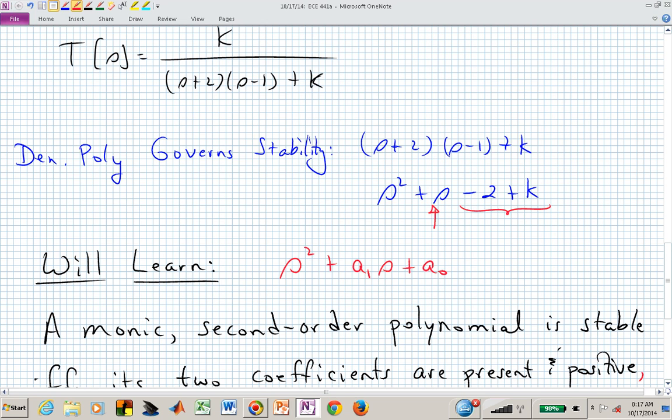If our k actually canceled the s coefficient, then what would we say? Let's say that s coefficient is 0. Now we have s squared plus, let's say, a positive number. S squared plus 2. What are the roots of s squared plus 2?